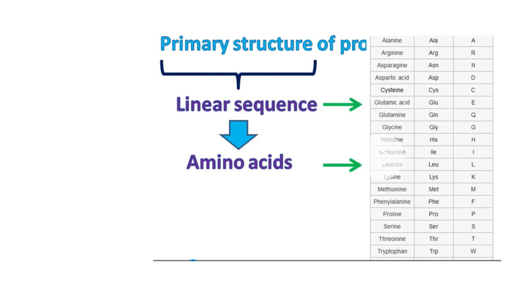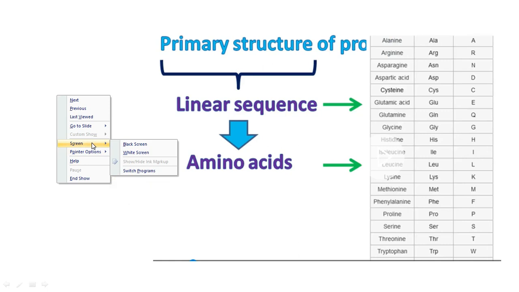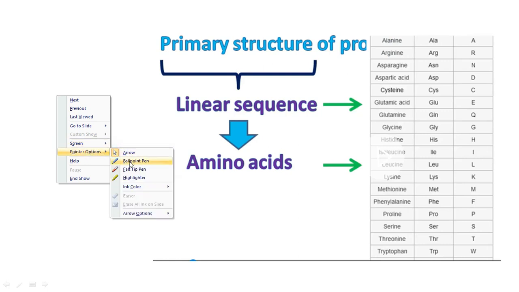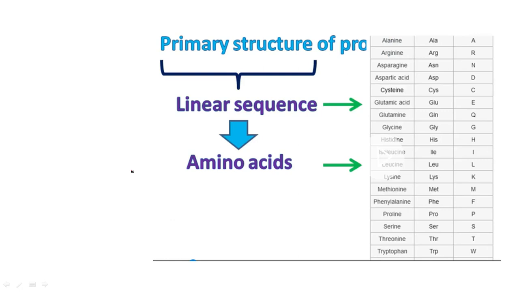So when we talk about the primary structure of proteins, it consists of a linear sequence of amino acids, and these amino acids are linked together by peptide bonds.